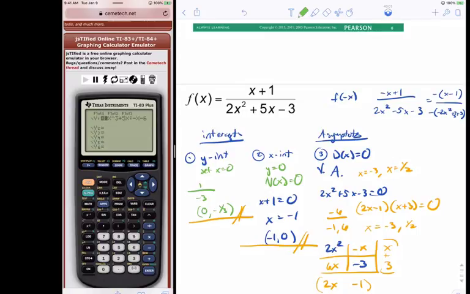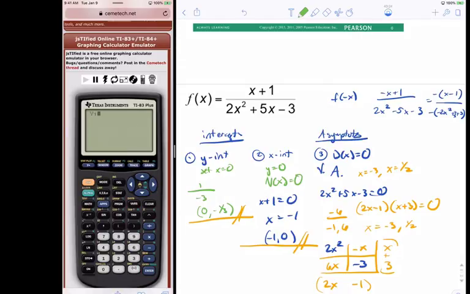The original is x plus 1 divided by 2x squared plus 5x minus 3. Then I'm going to quit, and I want to just calculate these values. I'm going to go to variables, y variables, function, y1.